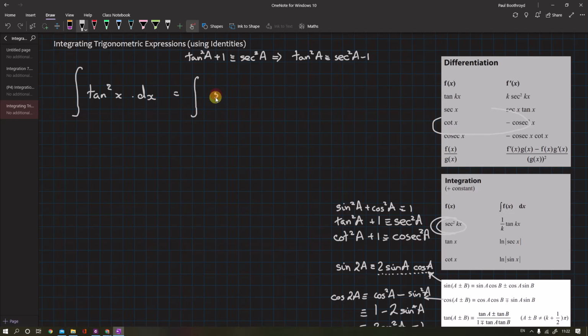So we've got sec squared x minus 1 all integrated. Separate the two parts out, so we're going to integrate sec squared x. The integral of sec squared x is tan x, minus the integral of 1, which is just x, and we need some form of constant on it.